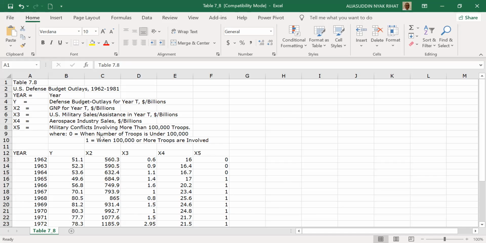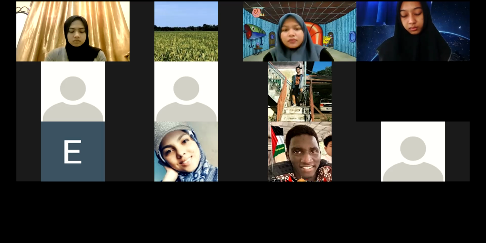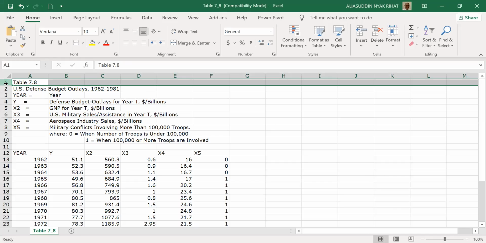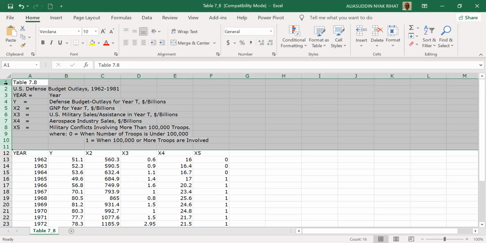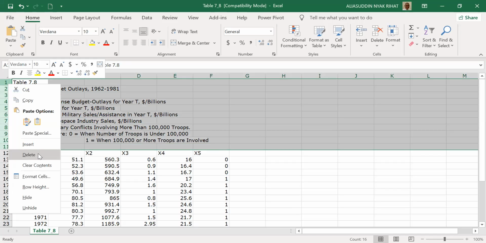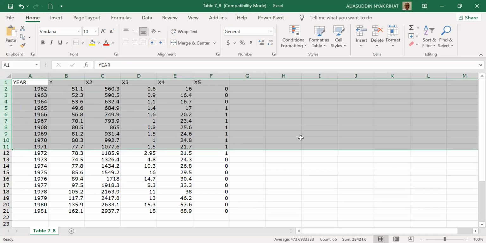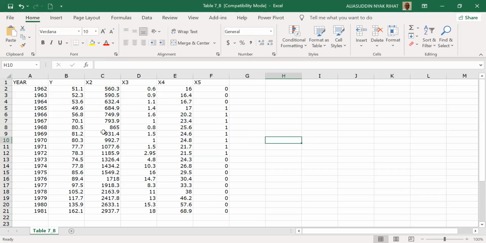So I delete this data. We do not need this. And here we have Y until X5.